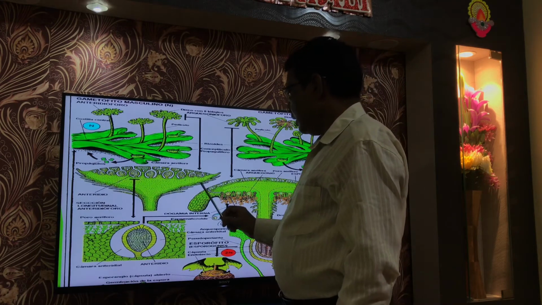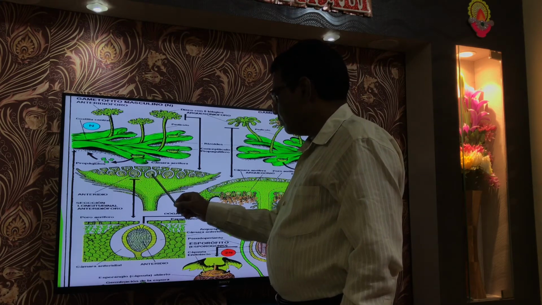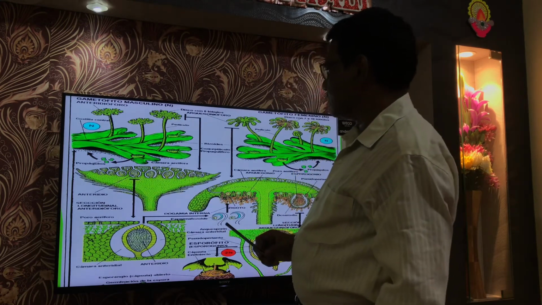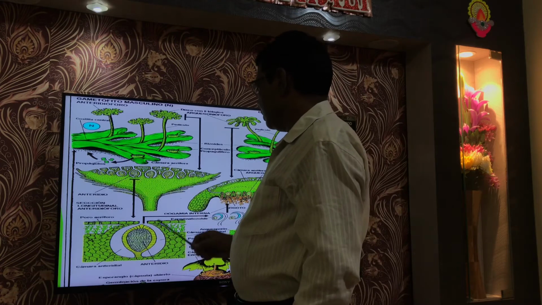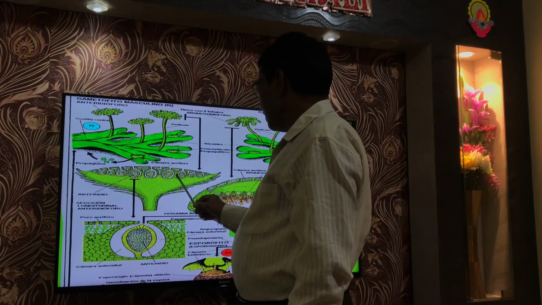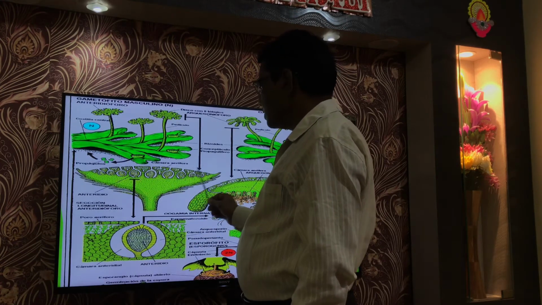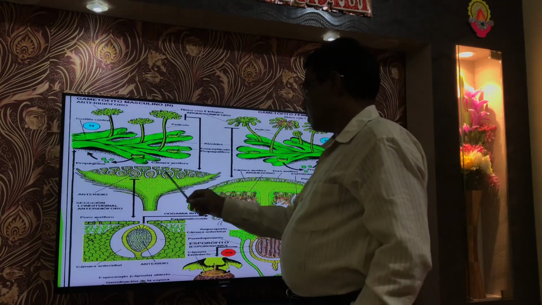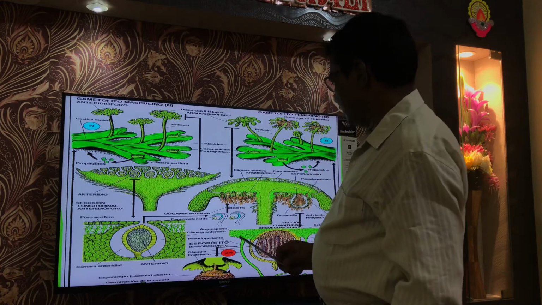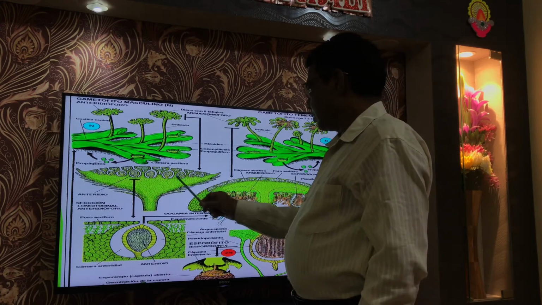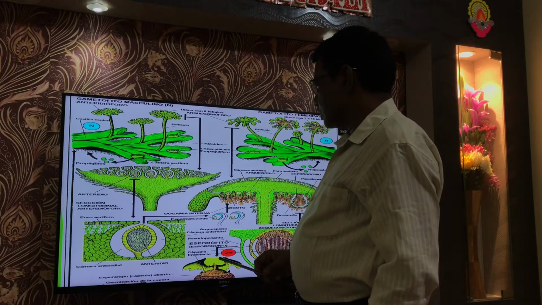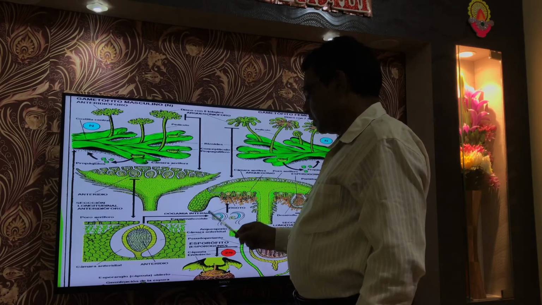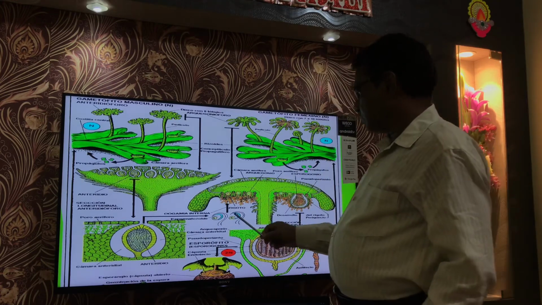Now here the mature antheridium or antheridial chamber is present at the center of this antheridiophore, and the younger antheridia are produced towards the periphery of this antheridial head or disc. When the antheridium matures, each androcyte produces an antherozoid or sperm.